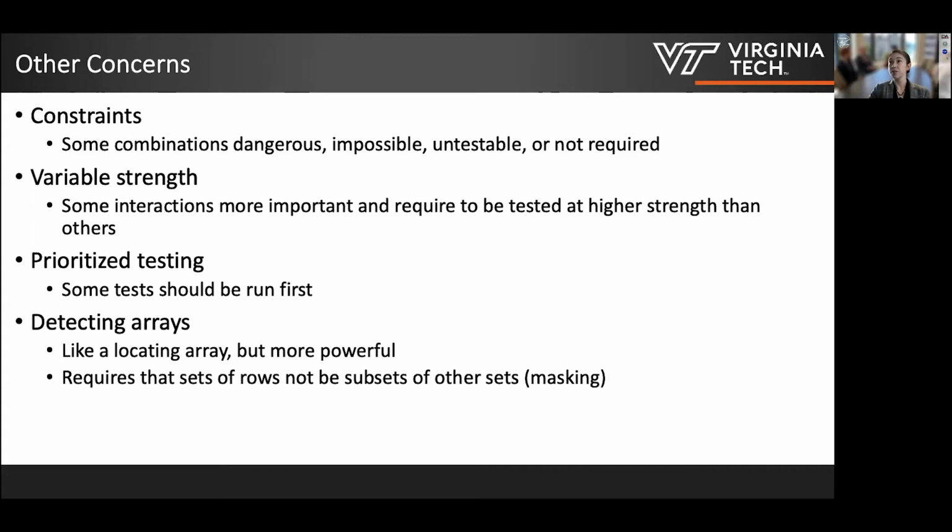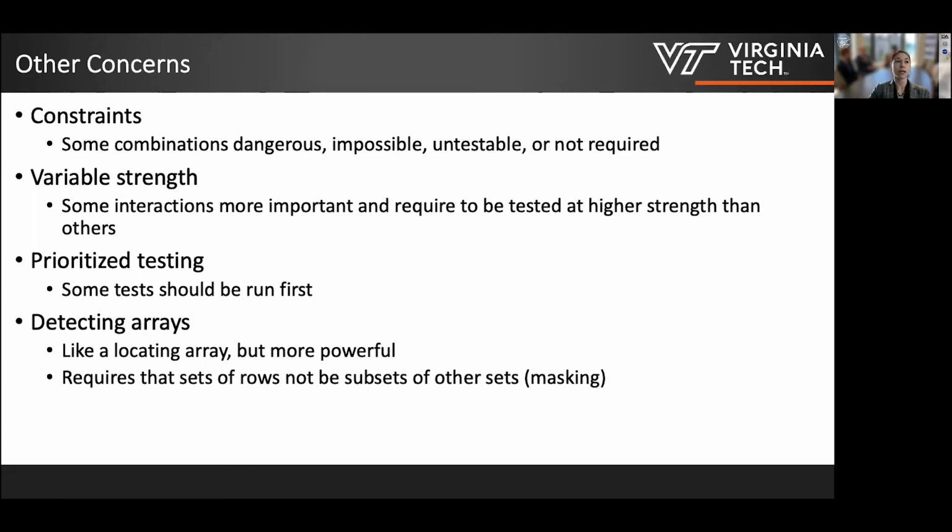And so there are different kinds of constraints as well. I'm not going to go in too much depth into that, but we can have constraints that we forbid to appear, and then we can have constraints that we just don't care if they're covered. We can also be concerned with variable strength. So some interactions might be more important, and they might be required to be tested at a higher strength than others.